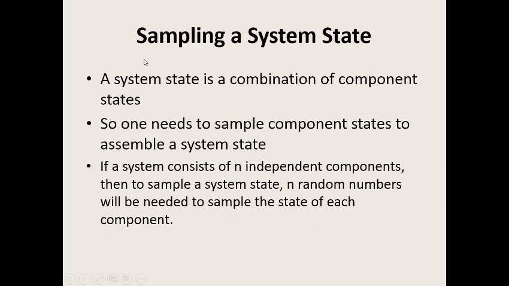So now coming to the sampling of a system state. Now a system state is a combination of the component states, right? So if you want to sample a system state, it will be very difficult to first compute the probabilities of all the states and then arrange them into the form of a distribution function and then use this rule.